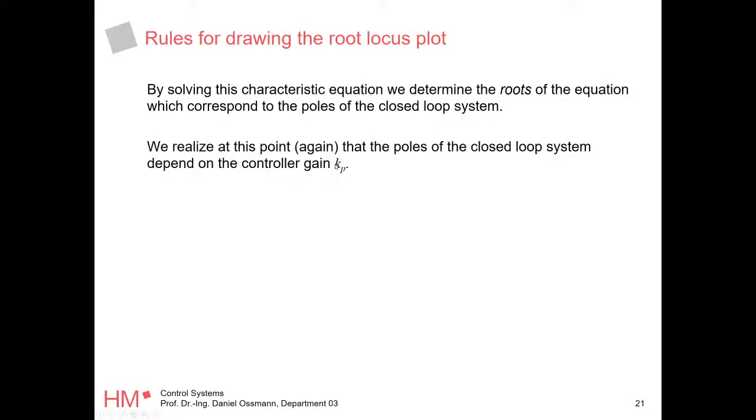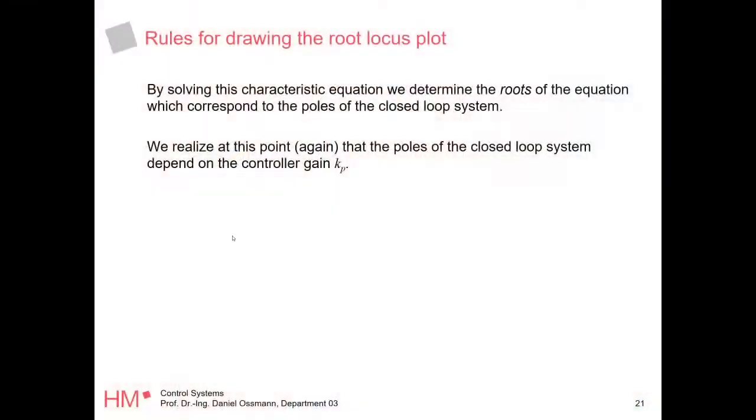If we change the controller gain Kp, we are basically changing the location of the poles in the closed loop. This is ultimately what control is about. You want to change the dynamics. You want to make your system faster, more stable, less damped, and so on. You're changing the dynamics of your system.